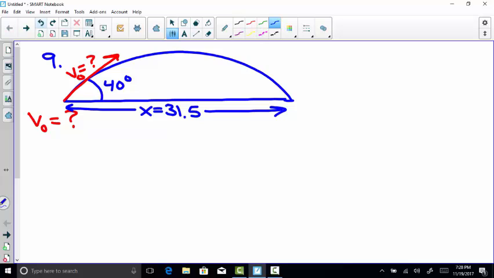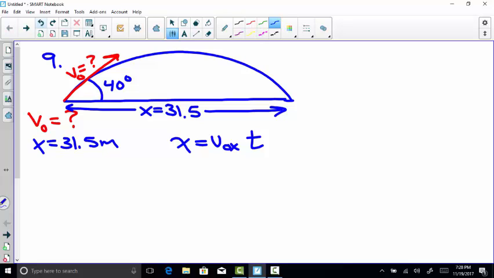So if we think about what we know, in the x direction we know 31.5 meters. Then we look to our equations in the x direction, which is x equals v initial x times time.